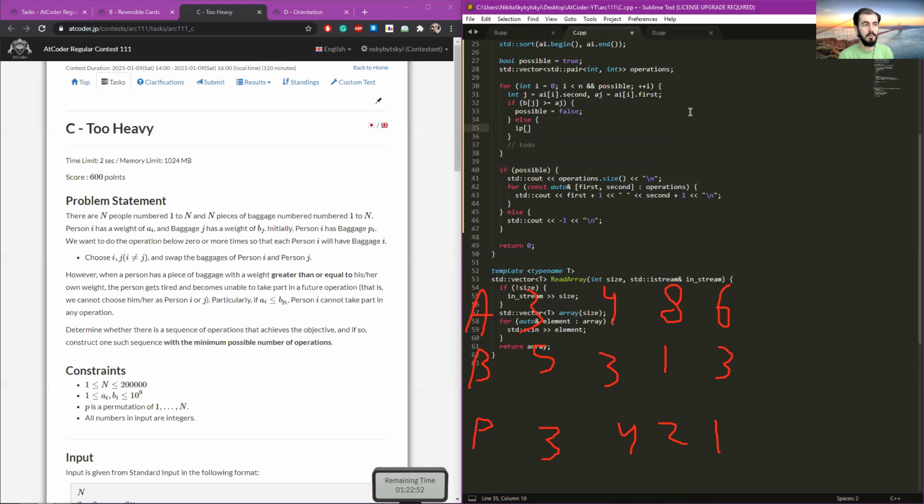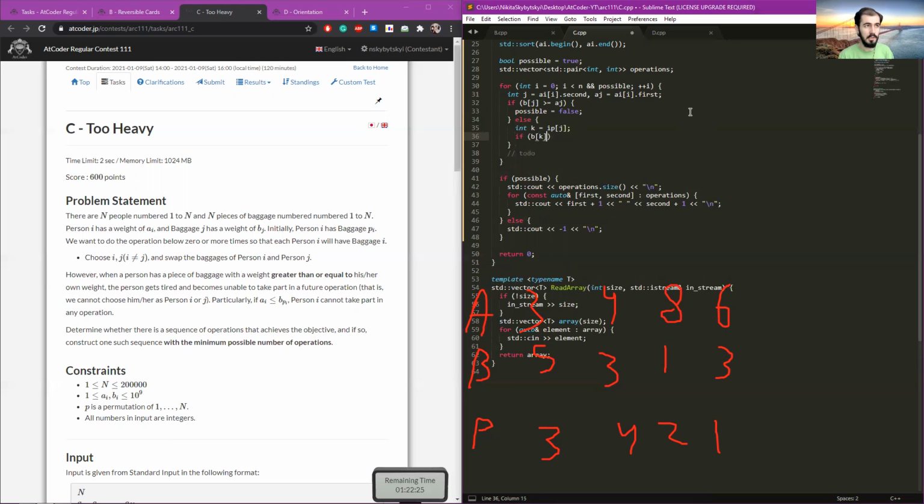We have the inverse permutation that says where my baggage is. My baggage is here. Now we want to swap these guys.